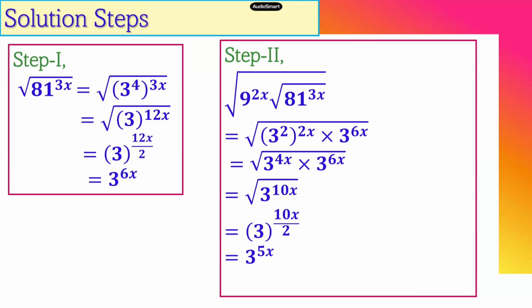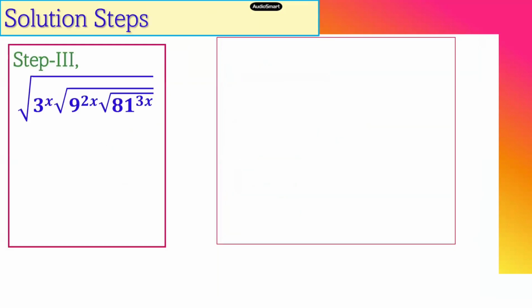Now in step 3 we'll consider the third one and simplify further. Already the inside two square roots are calculated, which is 3 to the power 5x, and the outside one we can write as 3 to the power x.